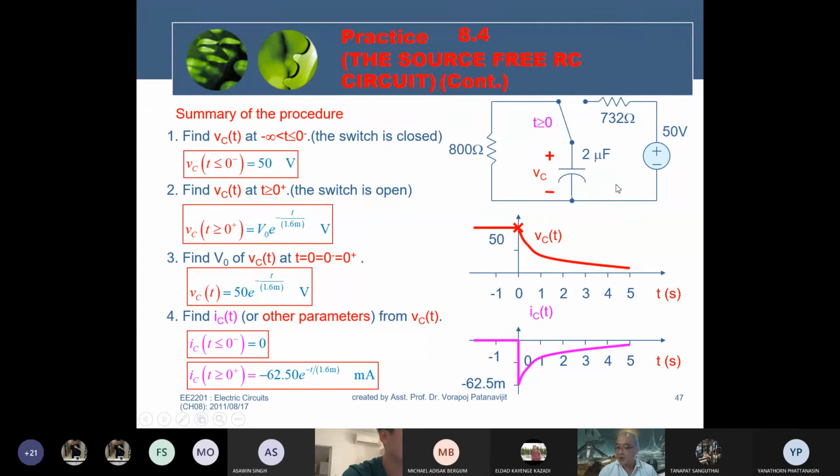But the voltage Vc cannot change suddenly, because from the capacitor characteristic, if Vc changed suddenly, the current would be infinite. It's impossible in the real physical world. Therefore, Vc will gradually drop to 0 until there is no more energy in here.